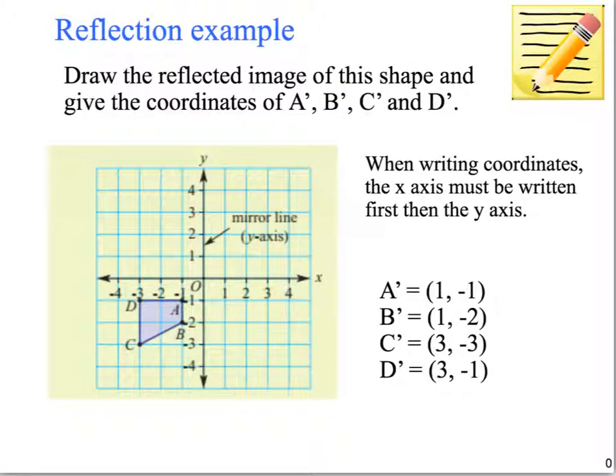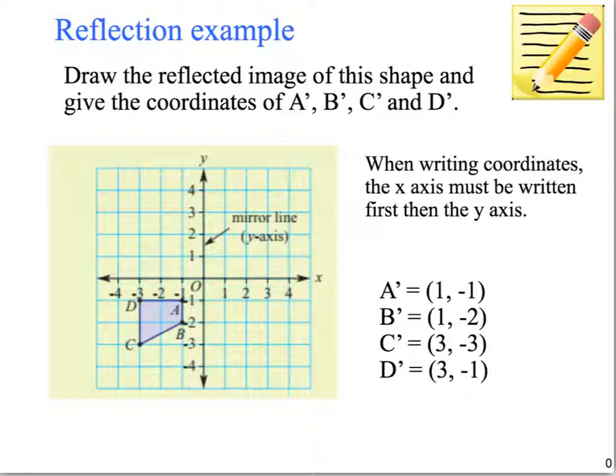Alright, now when we're doing a reflection, you have an axis that you reflect it over. So we have a coordinate grid, which is what this whole thing is called, the grid, and then you have two lines of axis, right? So you've got the x-axis and then you've got the y-axis.